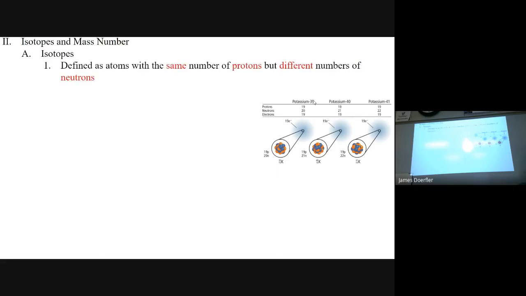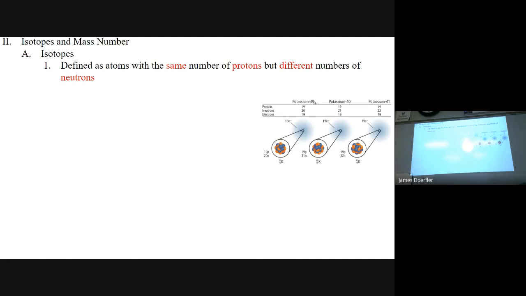So, an isotope is defined as atoms with the same number of protons but different numbers of neutrons. Again, it's very important that you remember that when we are looking at atoms of the same element, their number of protons remains the same, because that is unique to each element.